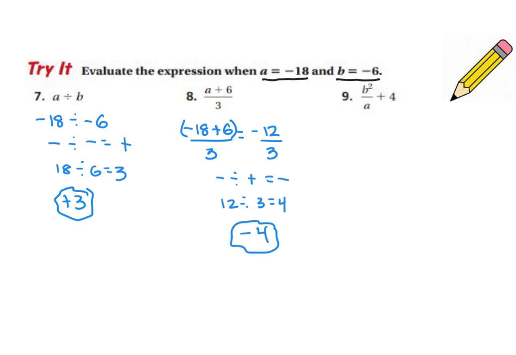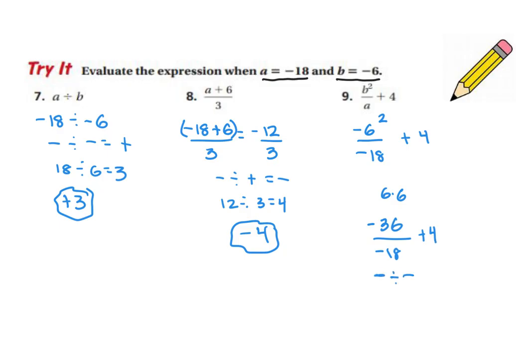And then for this last one, we're going to do -6 squared. There's no parentheses. Divided by -18, and then plus 4. Because there's no parentheses, this means 6 times 6, which is 36, and that's going to be negative, divided by -18, and then plus 4.